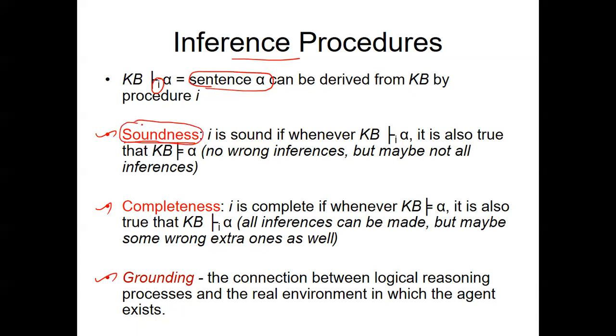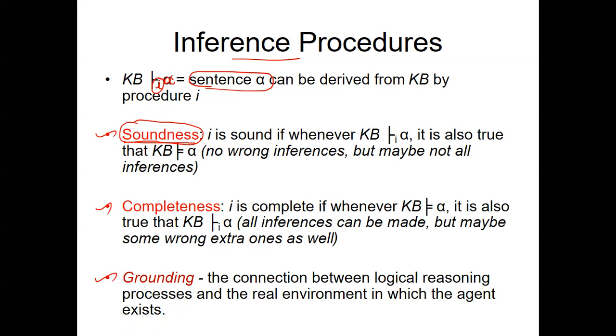When we say KB, this symbol I, alpha, it means there is an inference algorithm I which derives alpha from the knowledge base KB. And when will we say that this inference algorithm is sound?